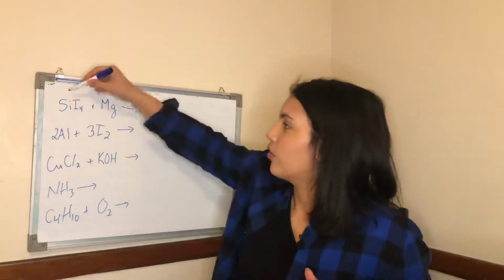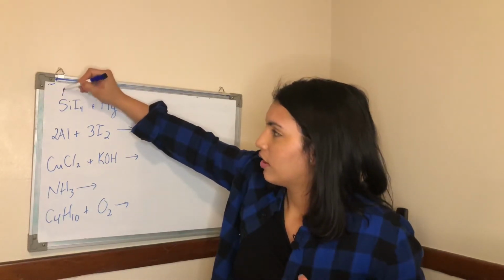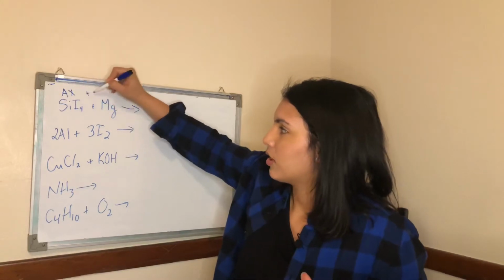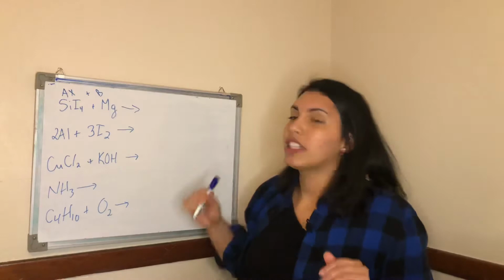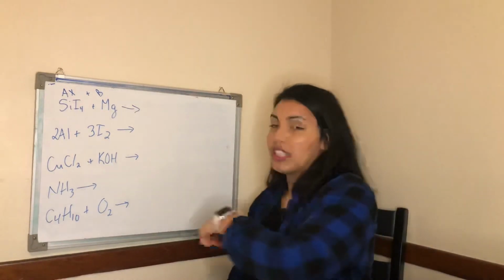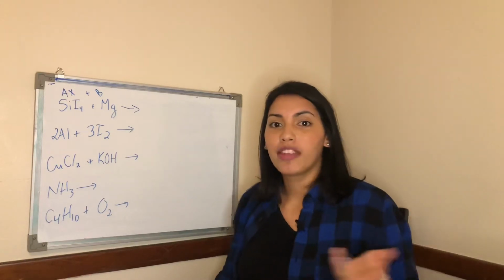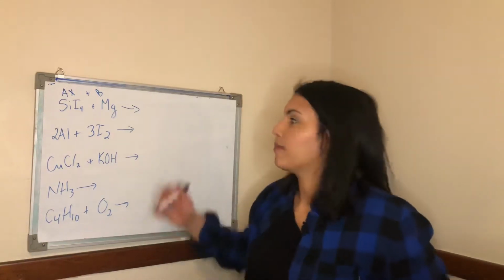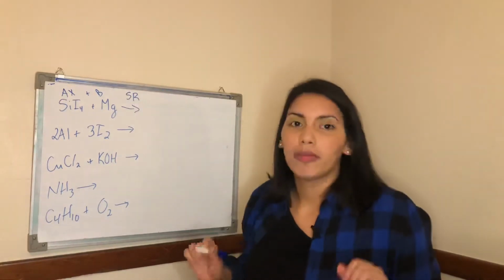Okay, so if I think about it, this is sort of like AX plus B, right? So AX plus B, that's single replacement. Okay, so step 1 to predicting products is first you have to identify what type of reaction you're working with. So this is single replacement. I'm just going to put SR on top for single replacement.